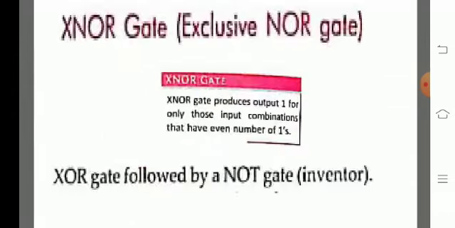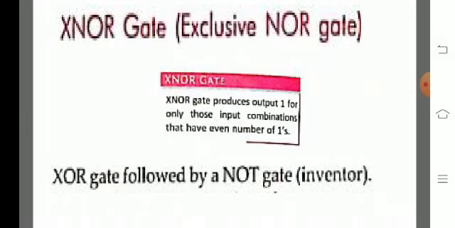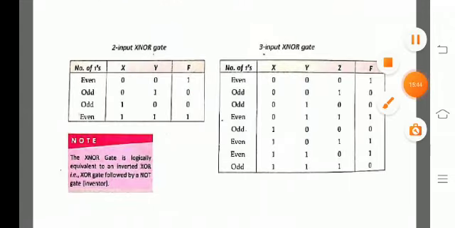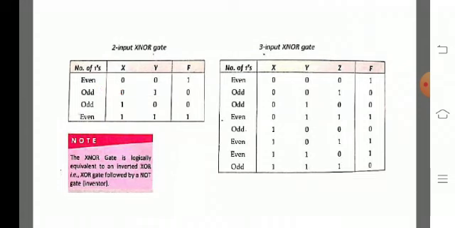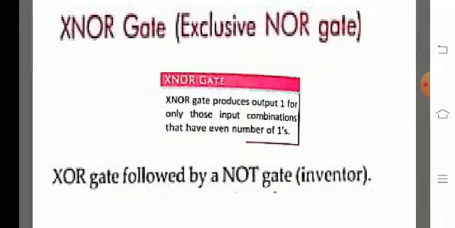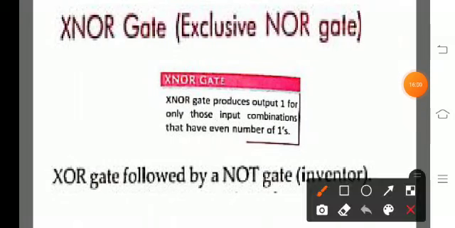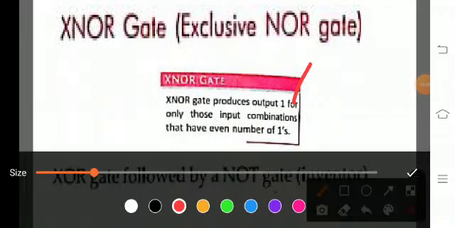Okay, now the XNOR gate produces 1 if the combination has an even number of 1s. XNOR is the XOR gate followed by a NOT gate, an inverter. See here, in this combination 0 0 0, the answer is 1. The output produces 1 only for combinations that have an even number of ones.